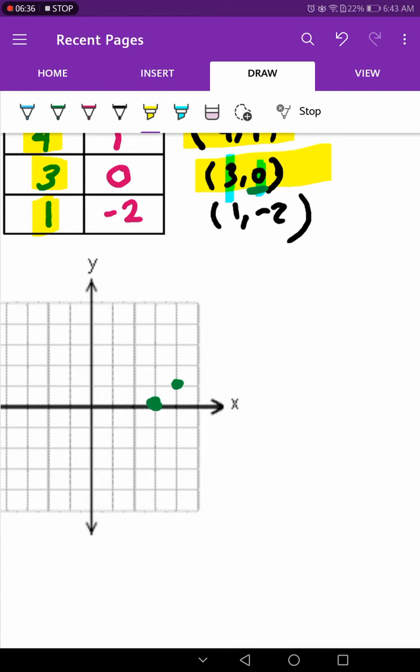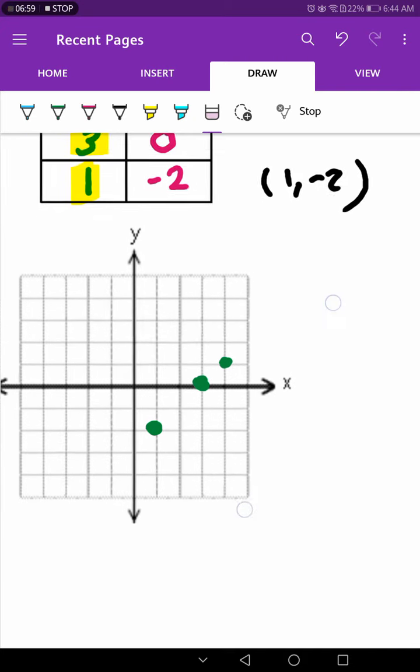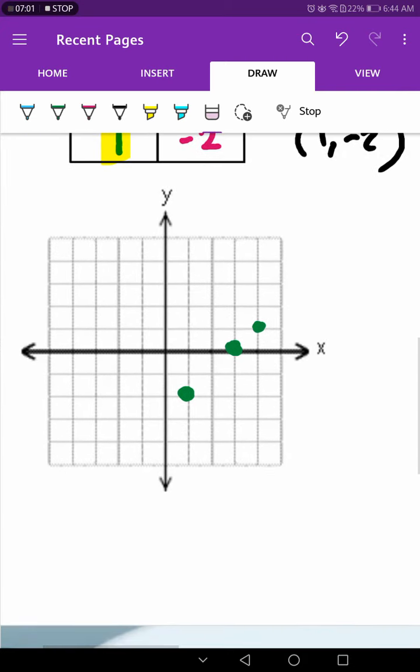The third ordered pair, my dear student, is 1 and -2. 1 to the right and 2 steps down. So you will be here. Now, after you plot the points in the xy coordinate plane, connect the 3 points by using what?